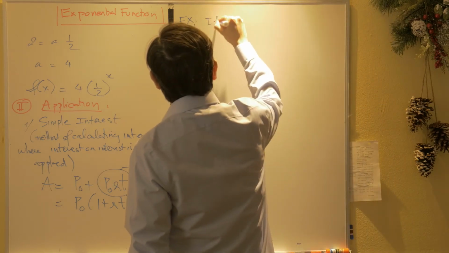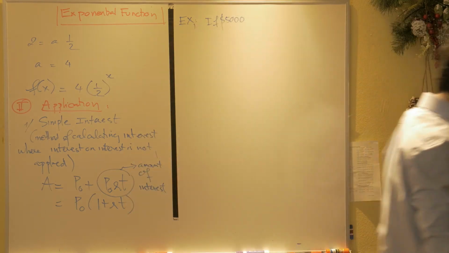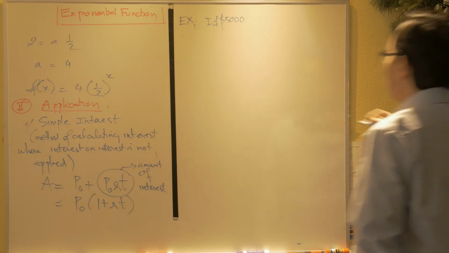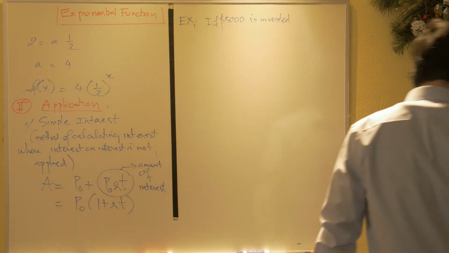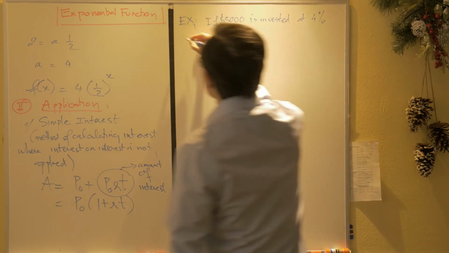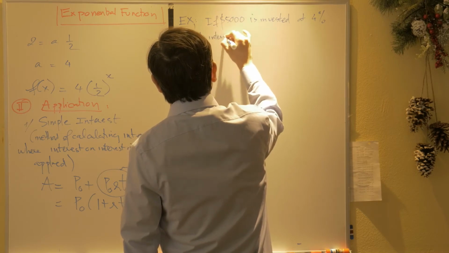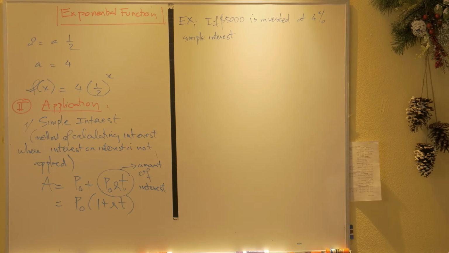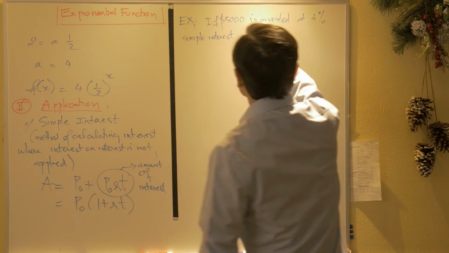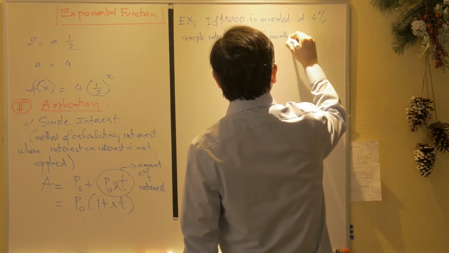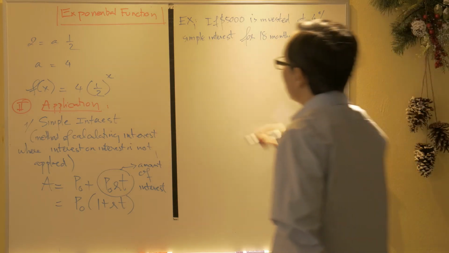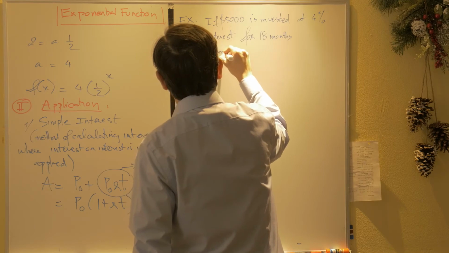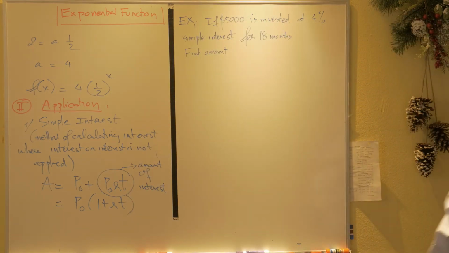If $5,000 is invested at 4% simple interest for 18 months, find the amount of simple interest earned.